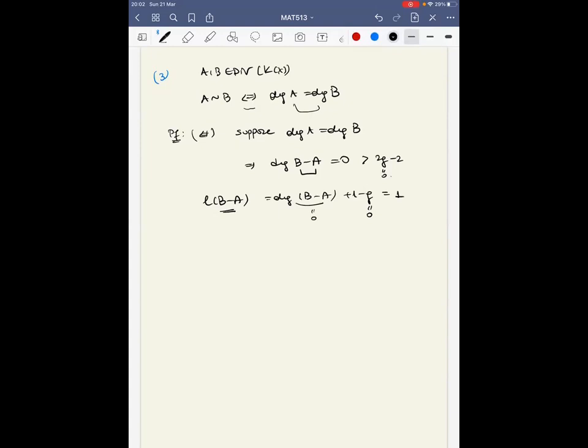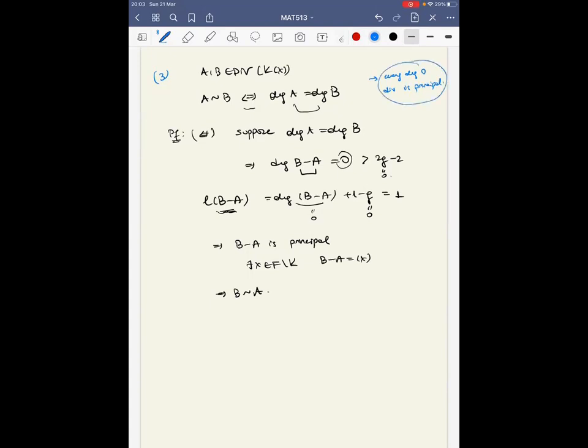For divisors which have degree 0 and are of dimension 1, we know that they are principal. And this shows the equivalence. In one of your homework questions, you will see that every degree 0 divisor is principal.